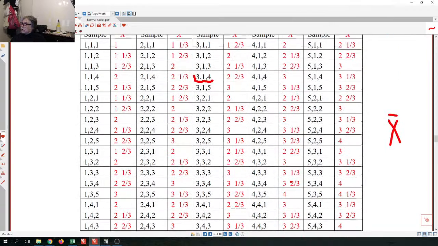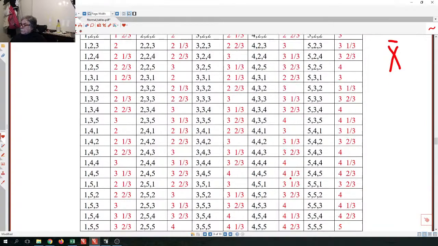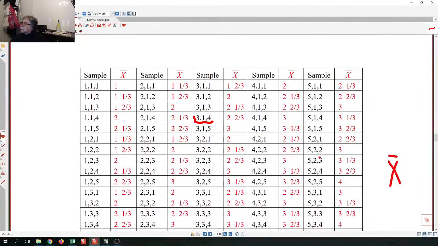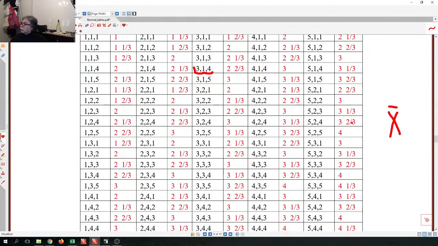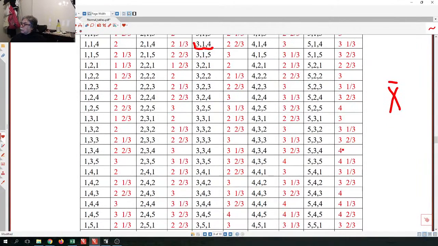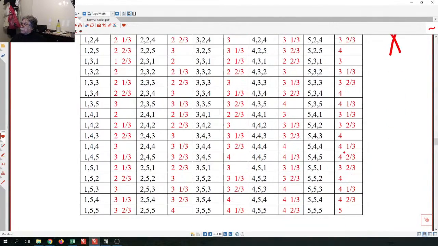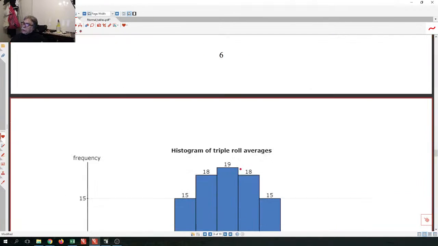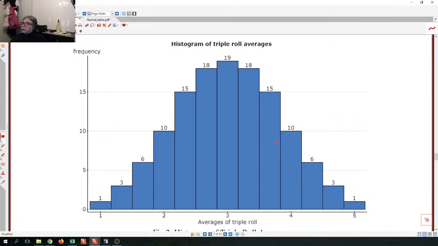I shouldn't lose that count. 3 so far. 3, 4, 5, 6, 7, 8, 9, 10. Exactly. Okay? So again, you convince yourself that this is properly done. I get 4 1/3, 6. Again, there are 6 times in the table. 4 2/3 is 3 times in the table, and 5 is 1.